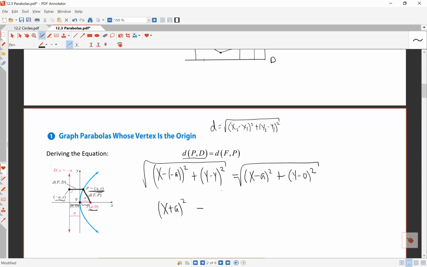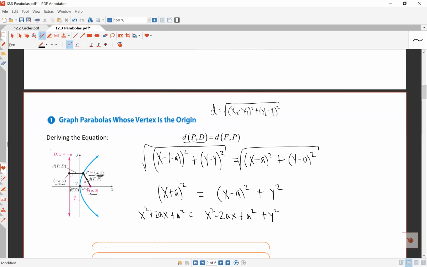And on the right side, we've got x minus a squared plus y minus 0 squared, that's y squared. When we square the x plus a, we get x squared plus 2ax plus a squared. When we square the x minus a, we get x squared minus 2ax plus a squared plus y squared.